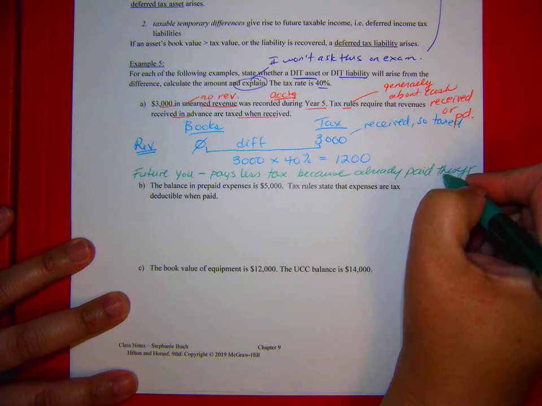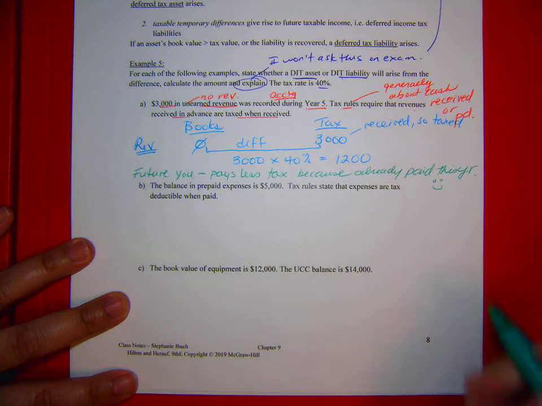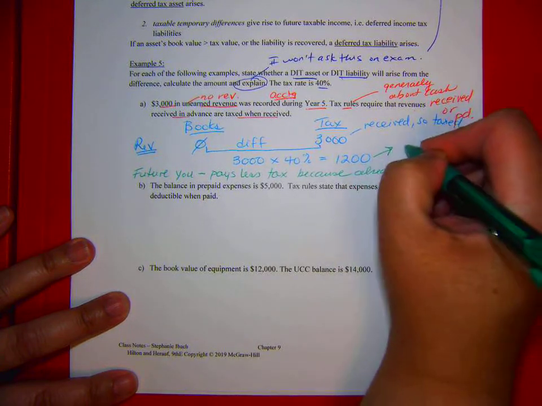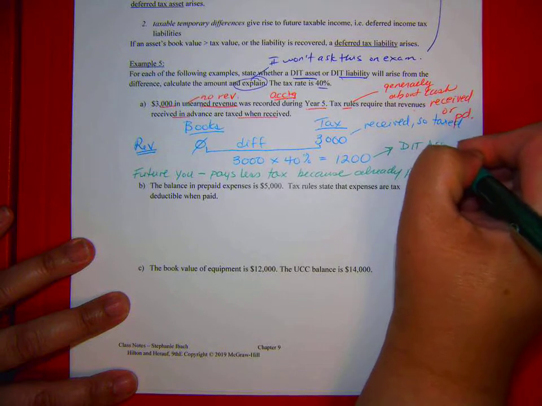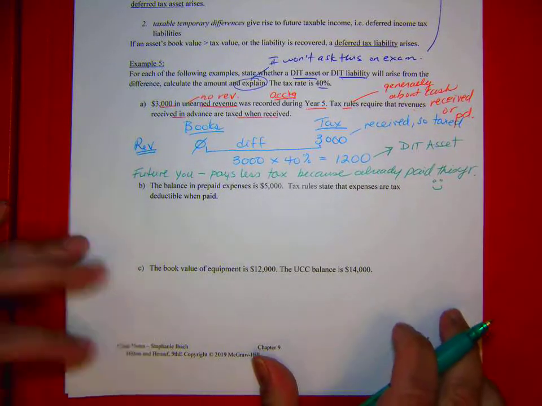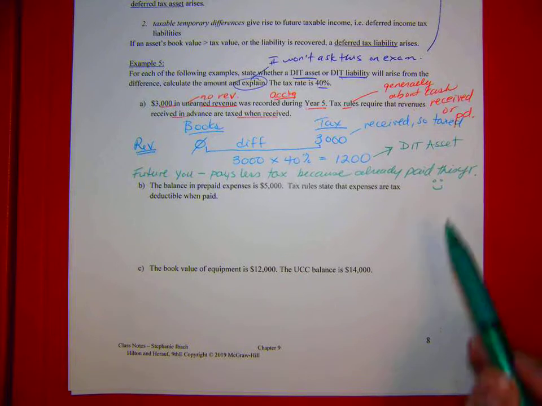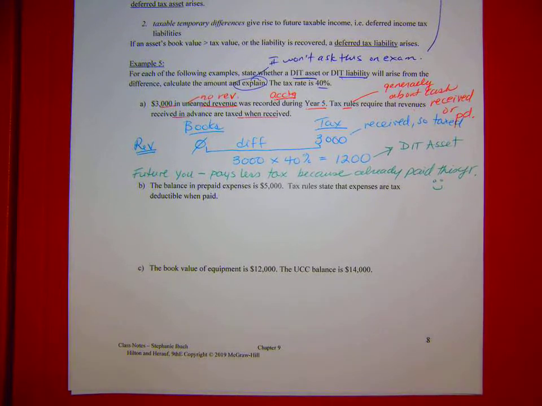So future you is happy, therefore this is a DIT asset. Okay, now drawing a little happy face isn't really accounting terms, but you don't do this a lot, and especially when you're learning. Find a way to think of it that makes sense to you and then go with that.